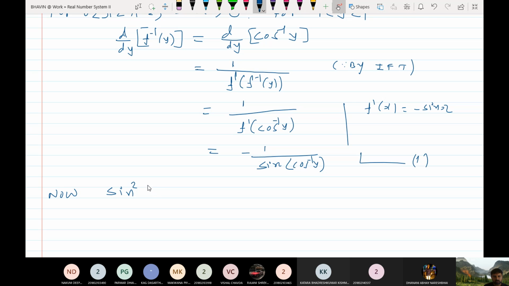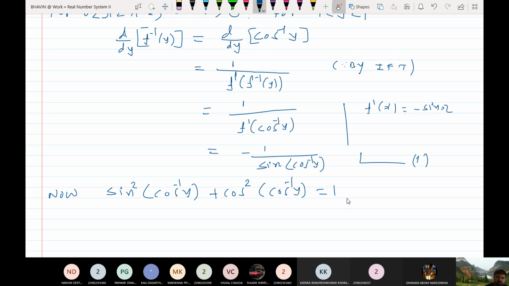Now we know sine square cos inverse y plus cos square cos inverse y equal to 1. We know this identity, okay?